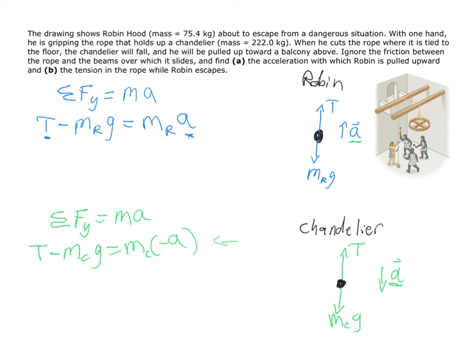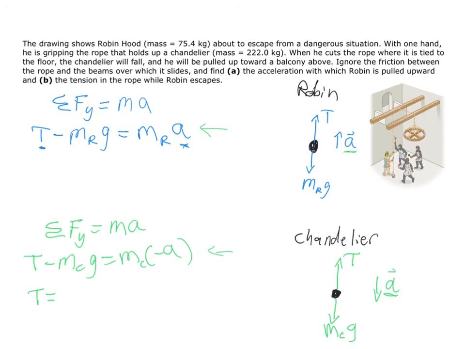Now we have two equations with the same two unknowns. So we can solve this equation for tension, observing that it's going to be equal to the mass of the chandelier times gravity minus the mass of the chandelier times acceleration.